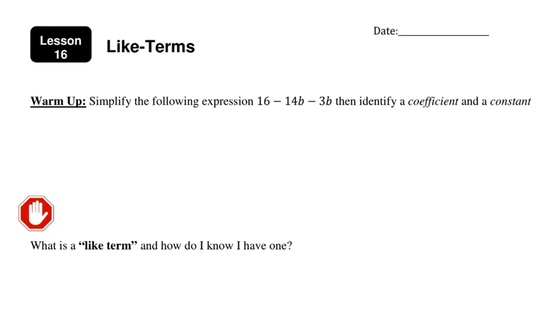So I am going to circle the terms that are alike. I know what is a like term. How do I know I have one? That's the next question. So I know that this is a like term, and I know that this is a like term. Notice I'm circling not only the numbers and the variable, but also the symbol in front. That's going to be really important.